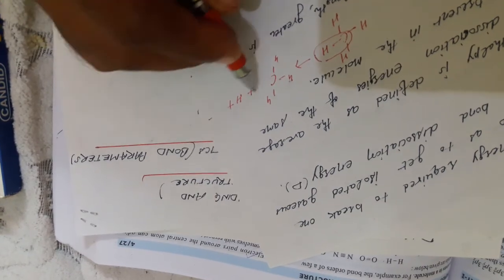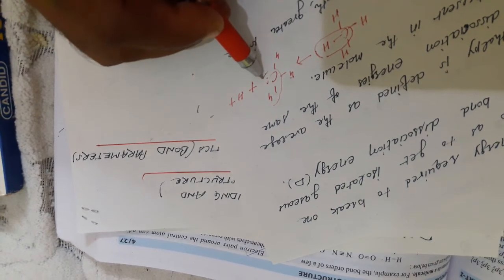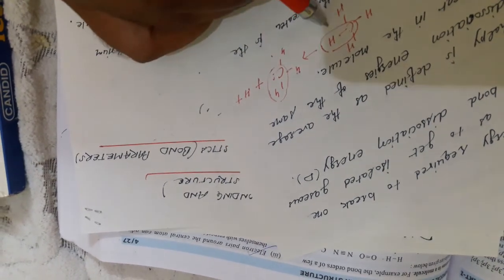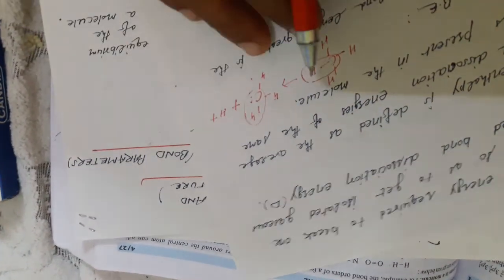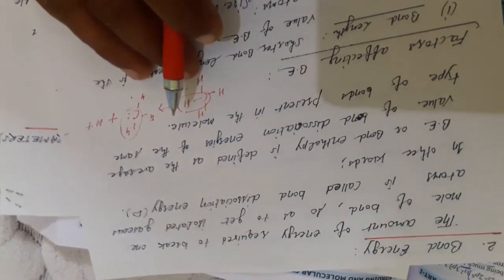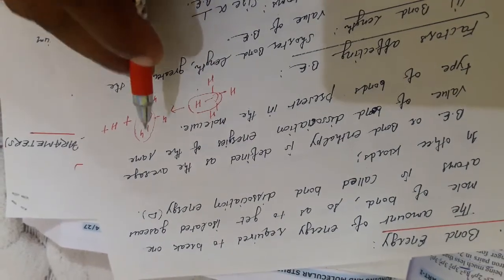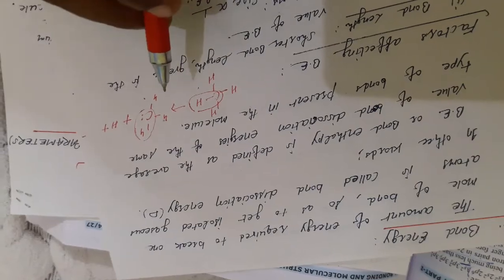After breaking one bond, the bond dissociation energy of the second bond depends on this structure, and that structure is different from the first. So all carbon and hydrogen bonds have different dissociation energies. Finally, we take an average of the bond dissociation energies of the same type of bonds, like carbon and hydrogen, in a molecule or in its ionic form.